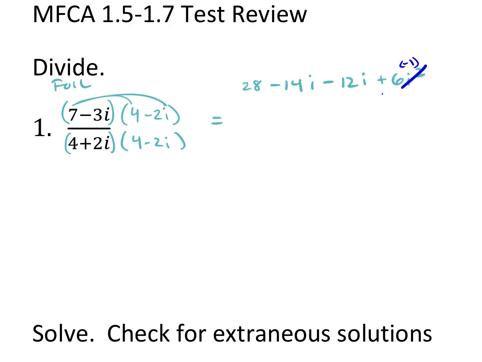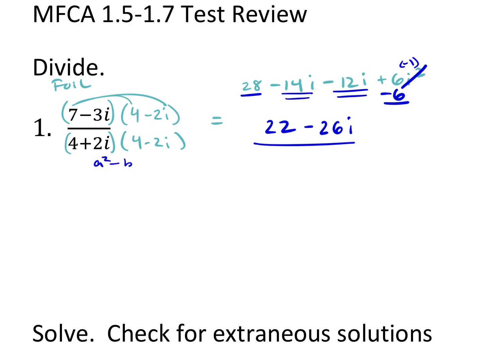Negative 1, so it makes it negative 6. Perfect. Let's combine the real parts: 28 minus 6 is 22. Negative 14i minus 12i is negative 26i. Perfect.